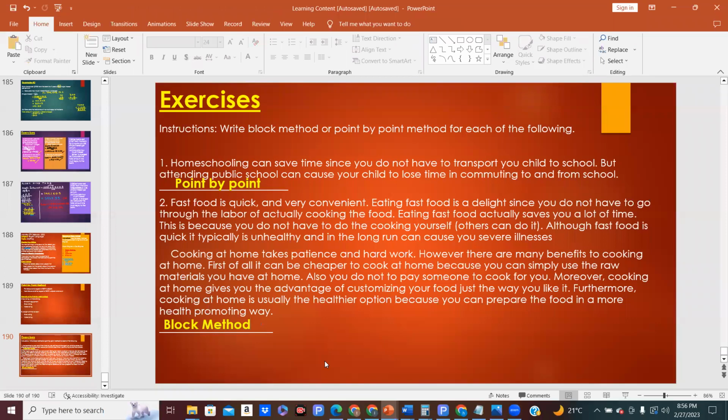Why is it block method, Aaron? Because all the information is not in one paragraph, it's in two paragraphs. Mm-hmm. So we dedicate the first paragraph to talking about fast food, and the second paragraph to cooking at home. Okay. All right.